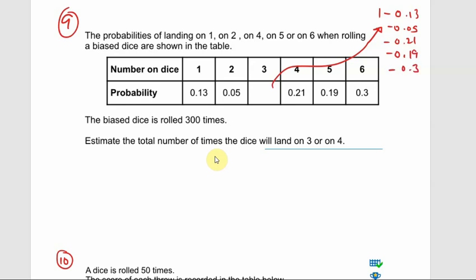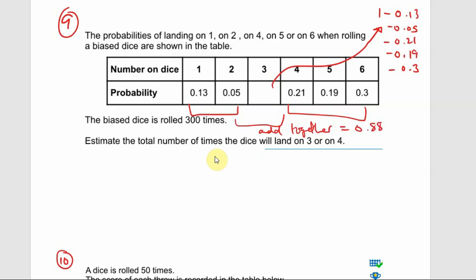We could also add all these numbers together. So I'm going to add them together. 0.13 plus 0.05 plus 0.21 plus 0.19 plus 0.3. That's going to give me 0.88.